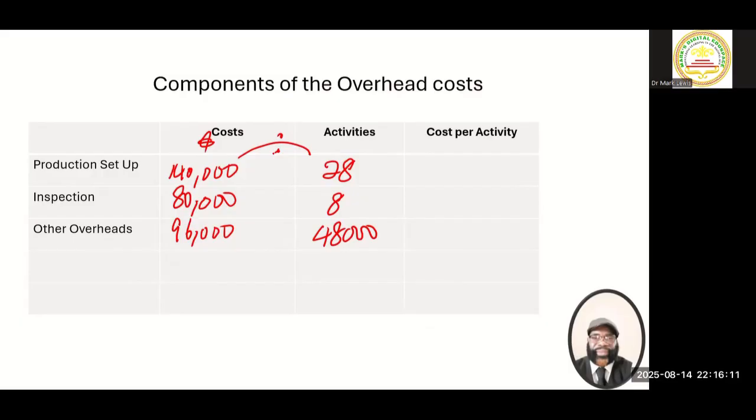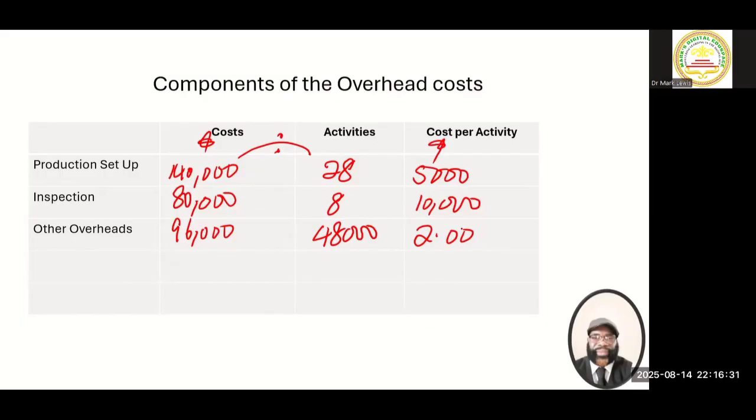If we divide the two, we'll end up with the cost per activity. So 140,000 divided by 28 will give us $5,000. 80,000 divided by 8 will give us 10,000. And 96,000 divided by 48,000 would basically give us $2.